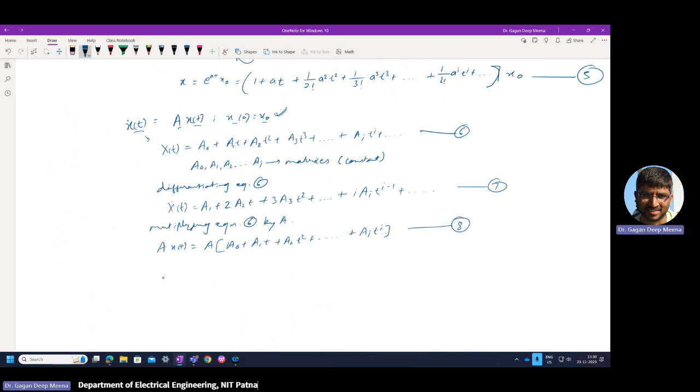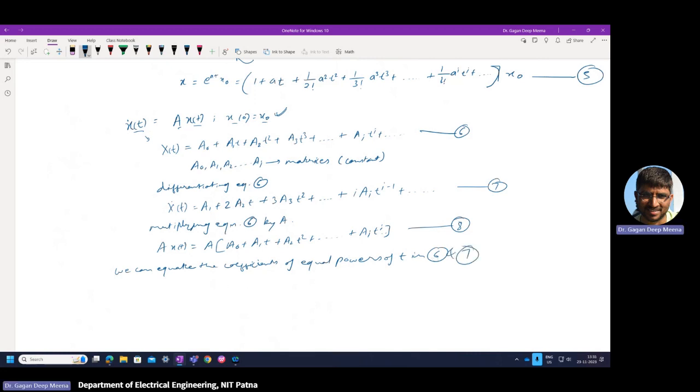So let me clearly write here that we can equate the coefficients of equal powers of t in the equations 6 and 7.